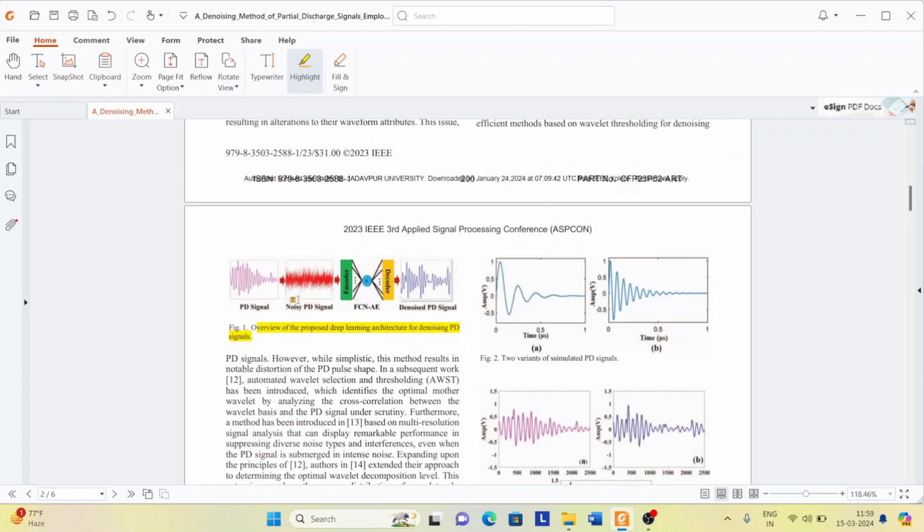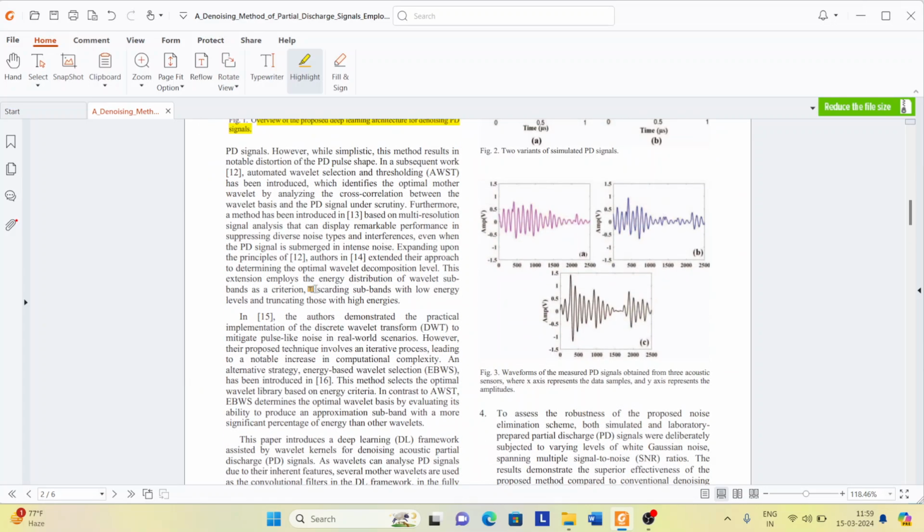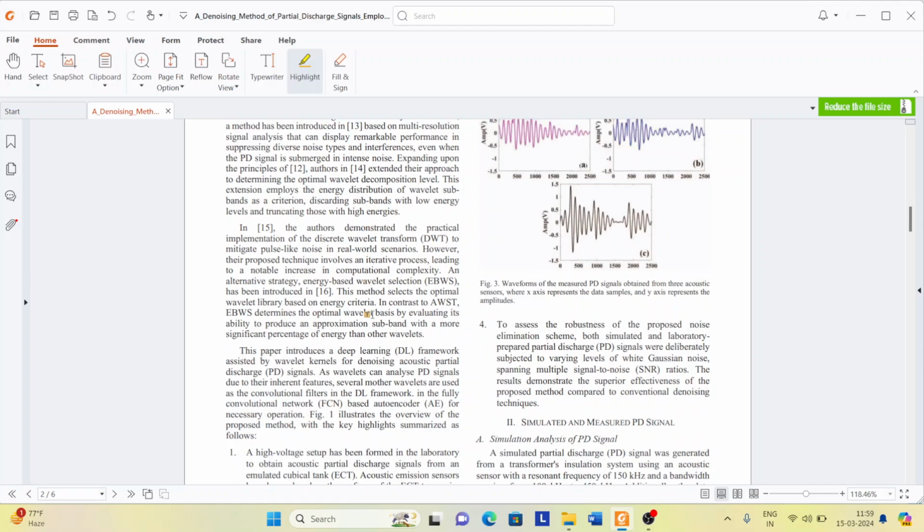The noise that we added is white Gaussian noise, because there are different types of noises. After that, we have done the literature survey. Here also you can read all the introduction part.